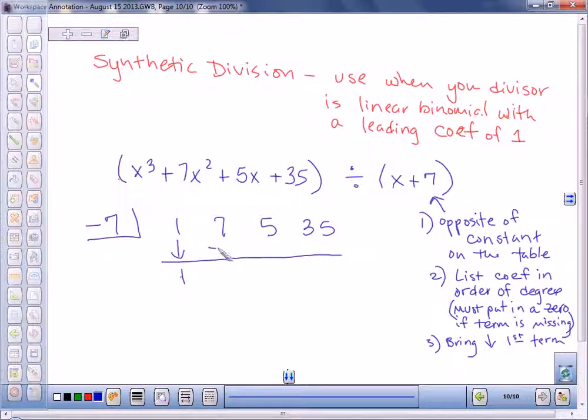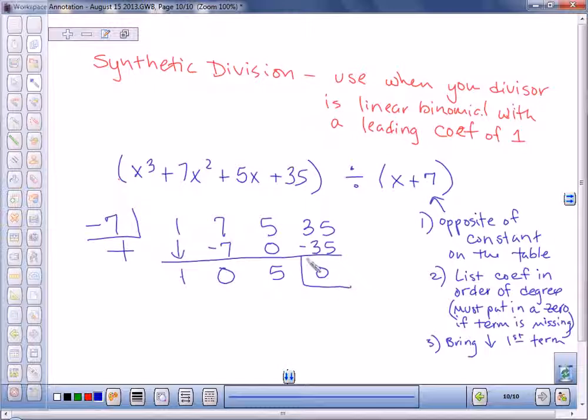Then we're going to multiply. Negative 7 times 0 is 0. Then we're going to add. 5 plus 0 is 5. And then we're going to multiply. Negative 7 times 5 is negative 35. Then we're going to add 0. The last number is always the remainder. So this one has no remainder.